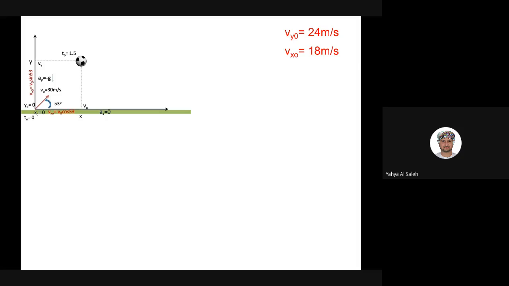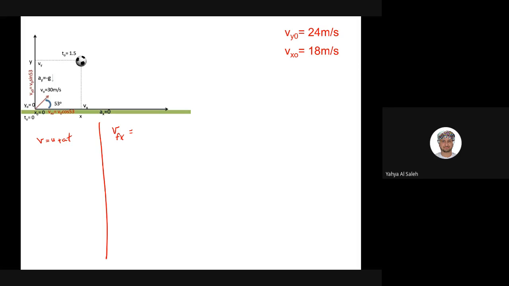We have our equations: V equals u plus at. First thing first, what will V final be in the x-axis? 18. The same.